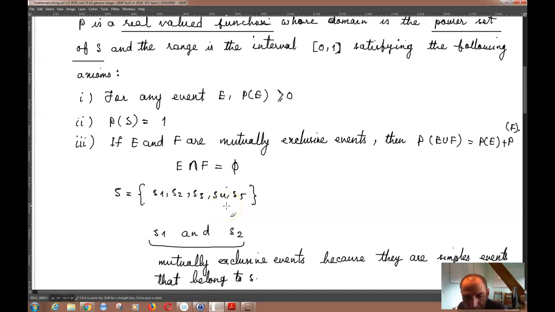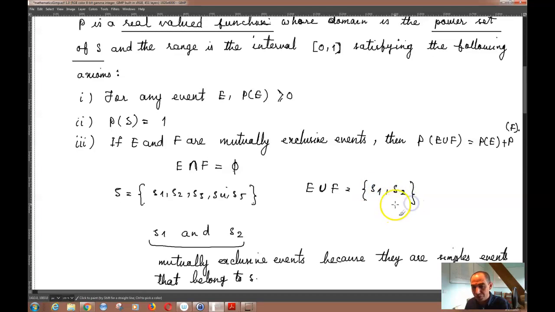Now, if E and F are mutually exclusive events, suppose that you get some probability for E and some probability for F. E union F is going to be some set, something like S1, S2, for example.